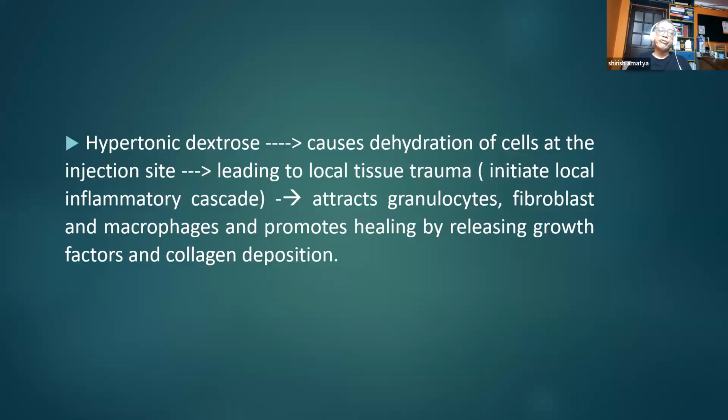This activation of the local inflammatory cascade will attract various granulocytes, fibroblasts, and macrophages, and these promote healing by releasing growth factors and collagen deposits. This is accomplished by induced cytokine-mediated chemomodulation. This can lead to proliferation and strengthening of new connective tissue, especially joint stability, and it can also cause reduction of pain and dysfunction.